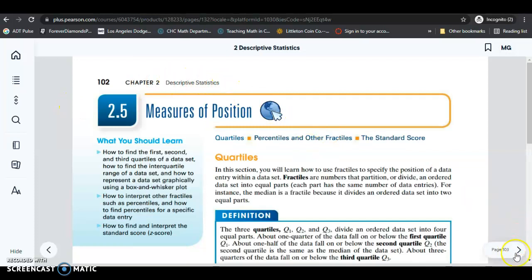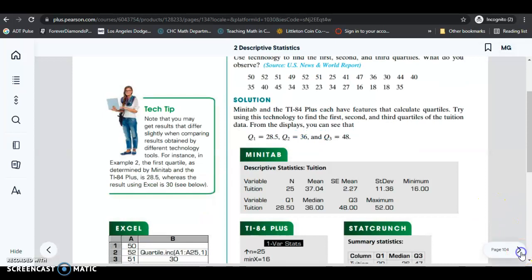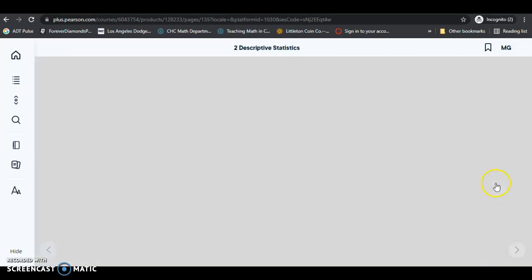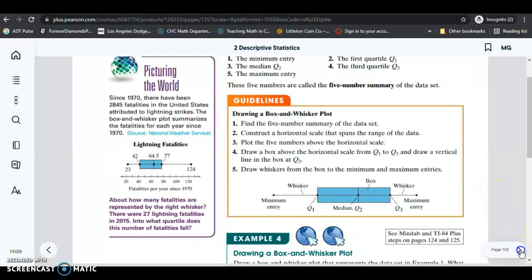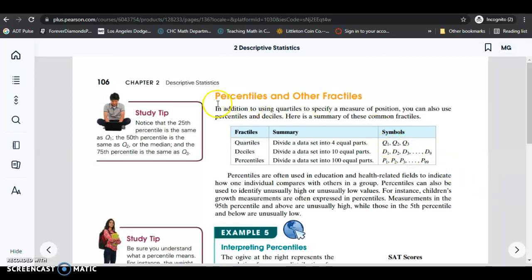So percentiles are discussed on page 106, and the title here is Percentiles and Other Fractiles.